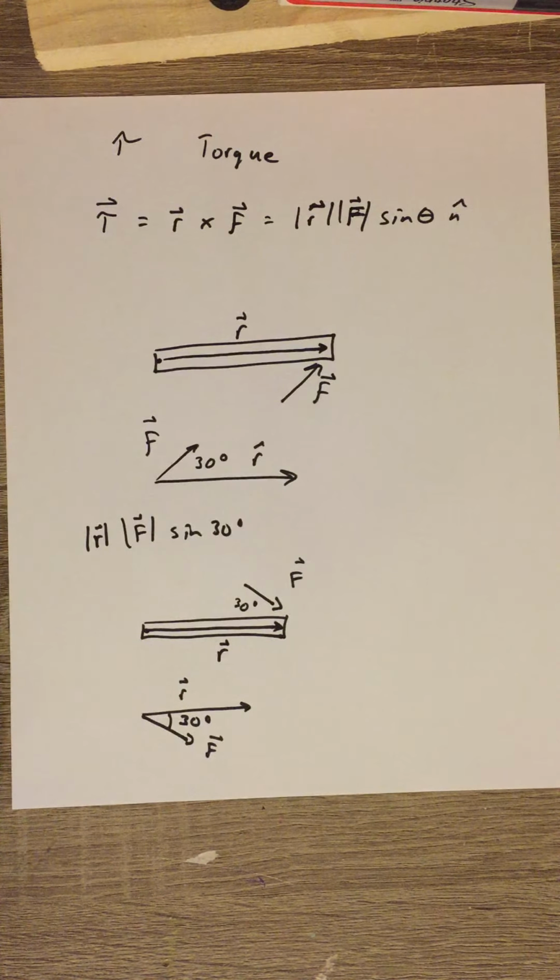You can relate that to these two by looking at the actual system. If this force would tend to cause a counterclockwise rotation about this point, we say that it is positive torque. If this force tends to cause a clockwise rotation about this point, we call it a negative torque.